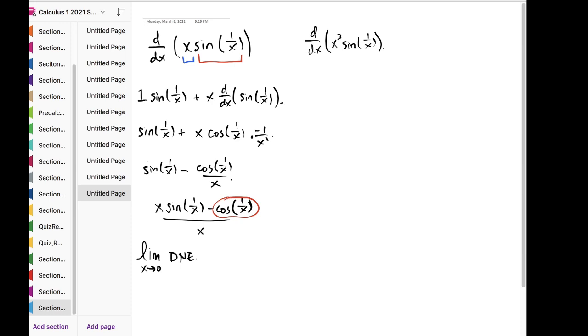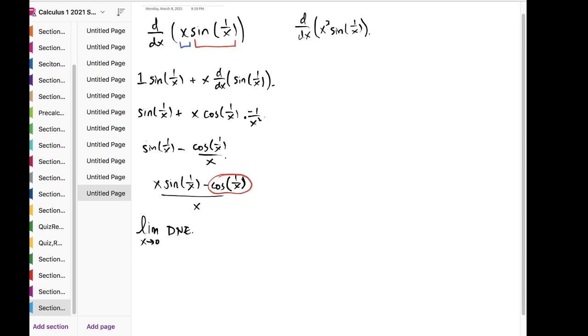If you look at x sine of 1 over x, this is a problem we've explored a lot. The slopes of the tangent lines aren't pointing towards a uniform tangent line.